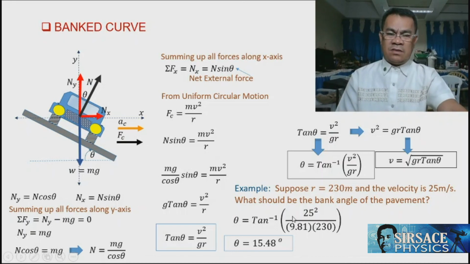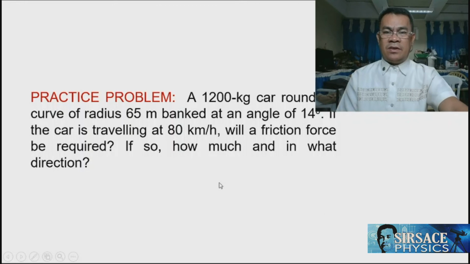Okay, so this is a challenging problem. This is good for highway engineers designing the bank road curve. So in order to exercise again the concept discussed in this video, you are encouraged to solve this problem.